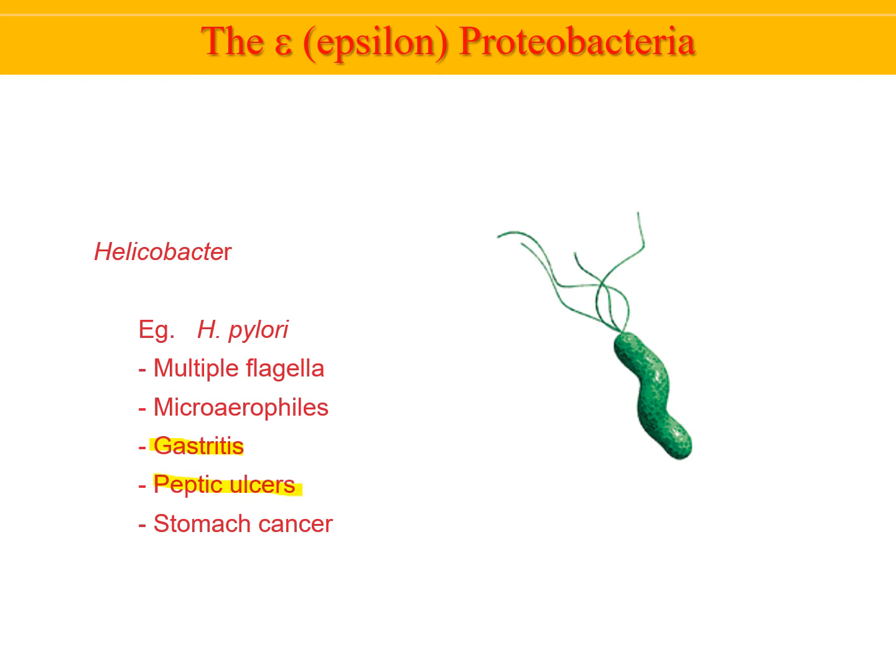An Australian physician scientist was quite convinced, based on his observations of patients with peptic ulcers and examination of the tissues, that this bacteria was the cause of peptic ulcers.